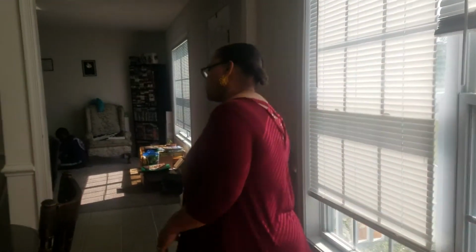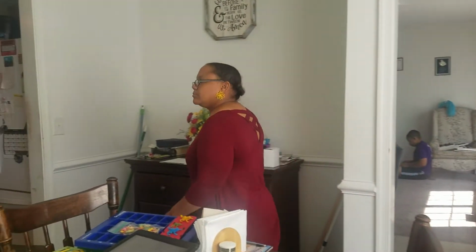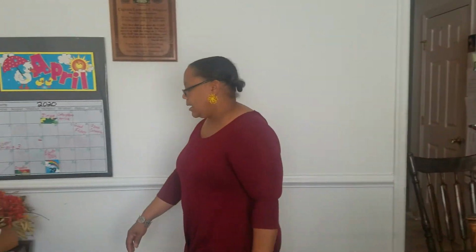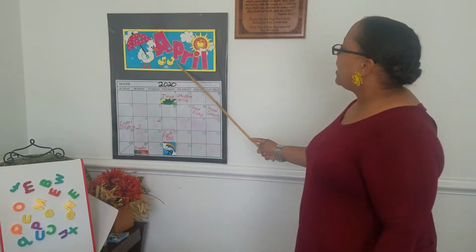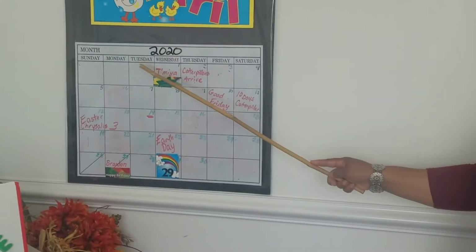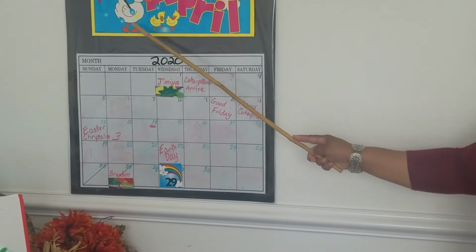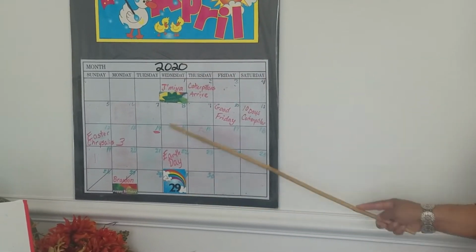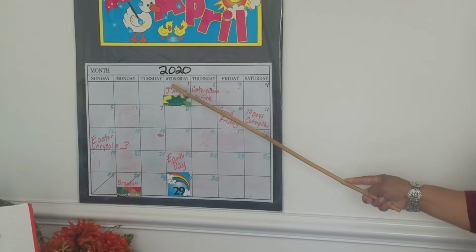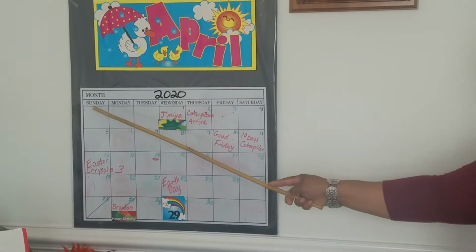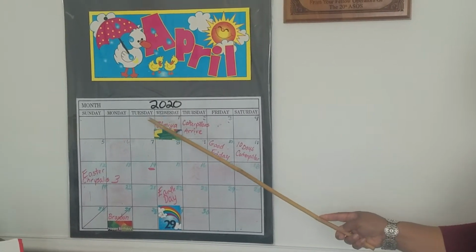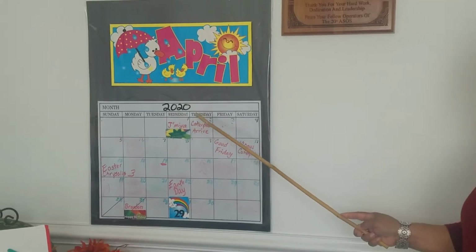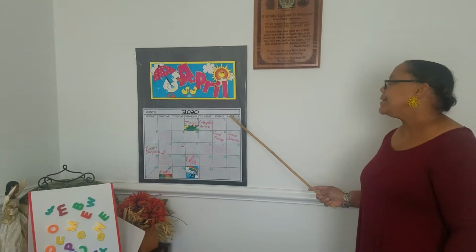Let's see our calendar and see what day we're on. It is April the 29th of 2020. April 29, 2020. And it is Wednesday. Sunday, Monday, Tuesday, Wednesday, Thursday, Friday, Saturday.